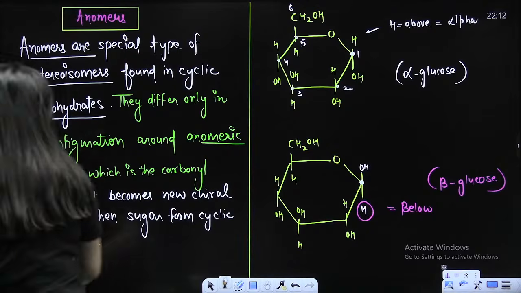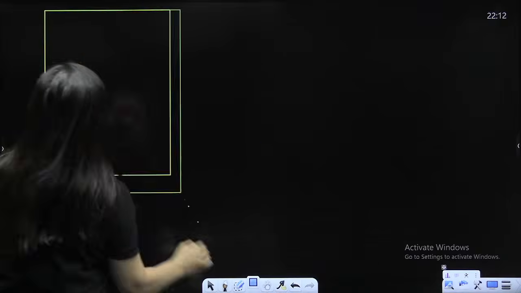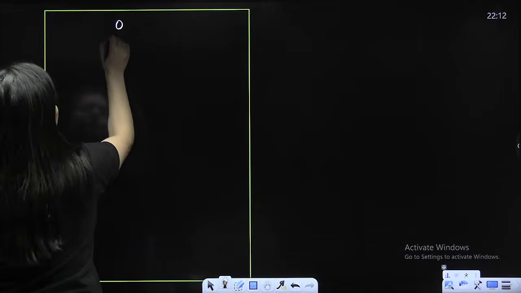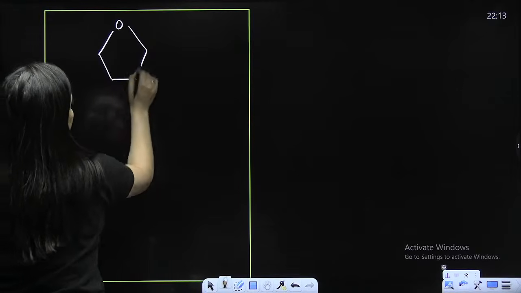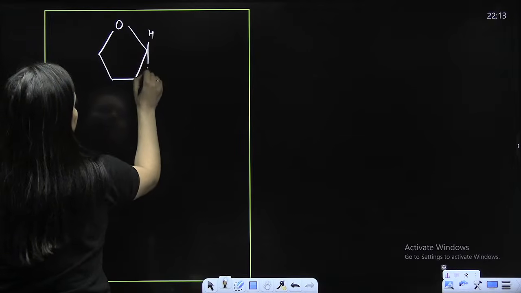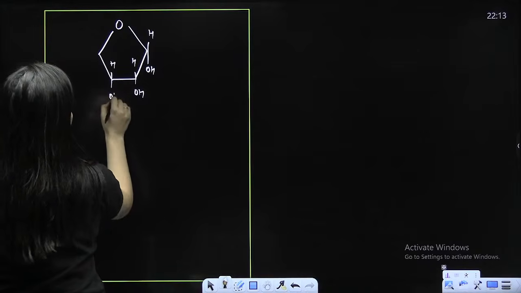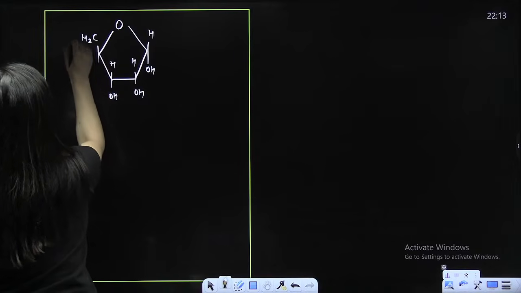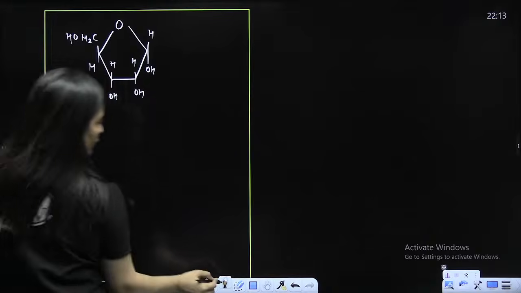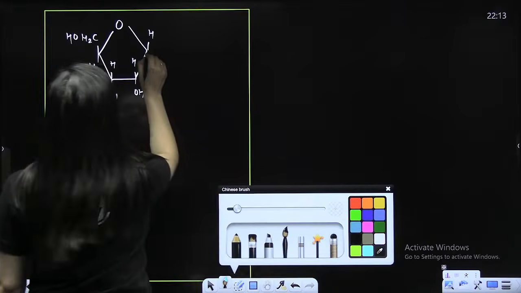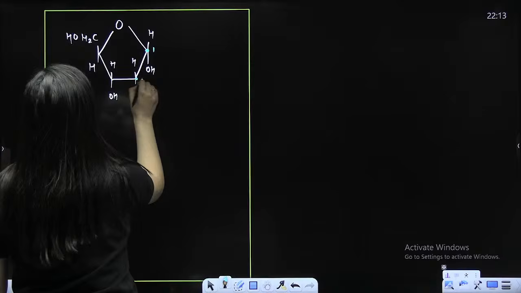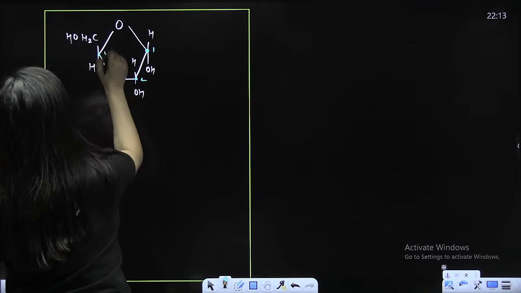One more structure that we need to understand here is ribose. It's in furanose form. This is HOH, HOH, HOH, and CH2OH or H. You will see here 1, 2, 3, 4, 5.